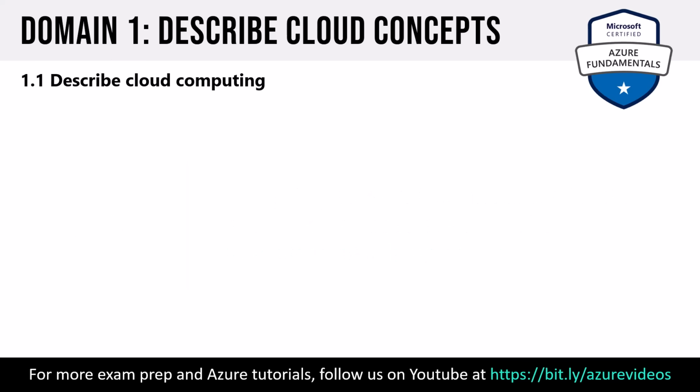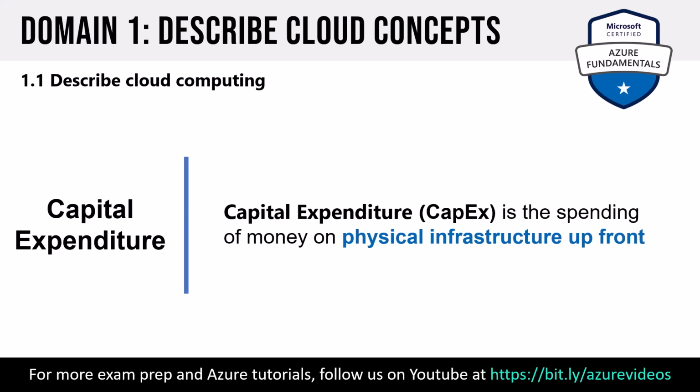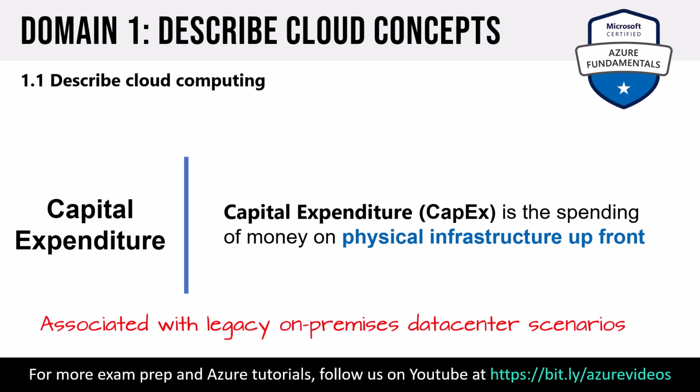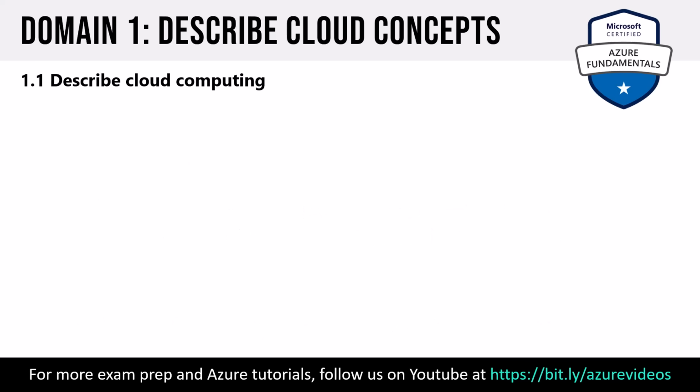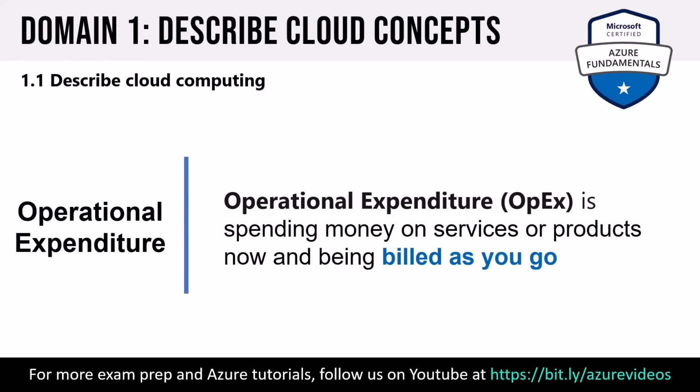Next, we have capital expenditure, often called CapEx for short. Capital expenditure is the spending of money on physical infrastructure up front, as a business would do with a legacy on-premises data center. We juxtapose or compare capital expenditure to operational expenditure, often referred to simply as OpEx. This is spending money on services or products now and being billed as you go.